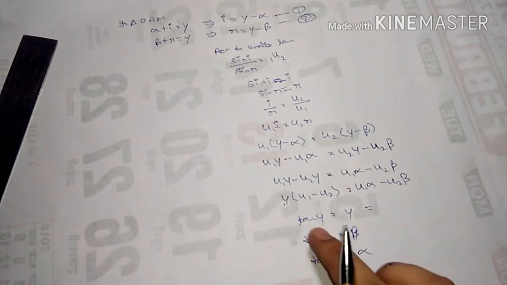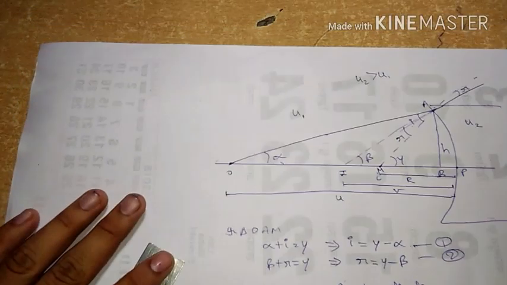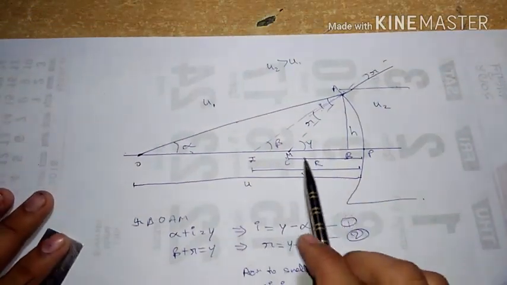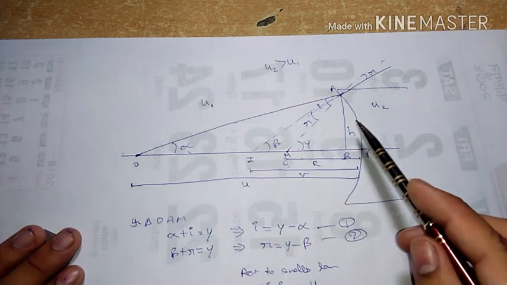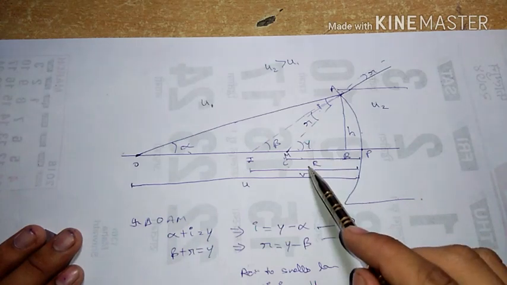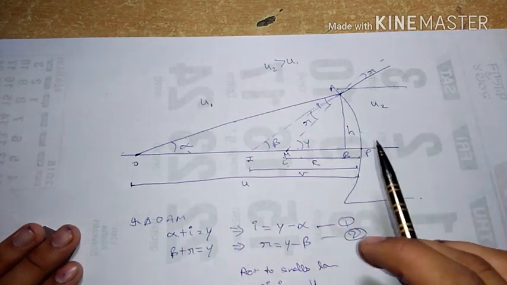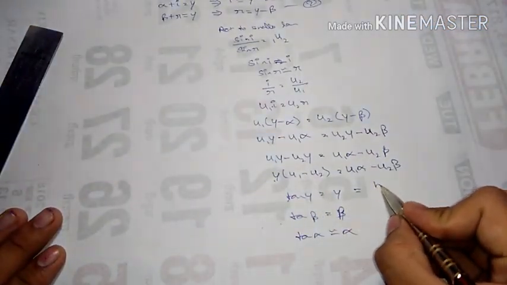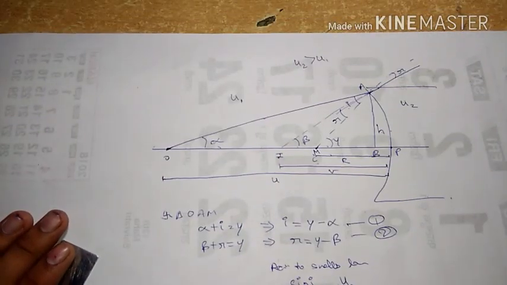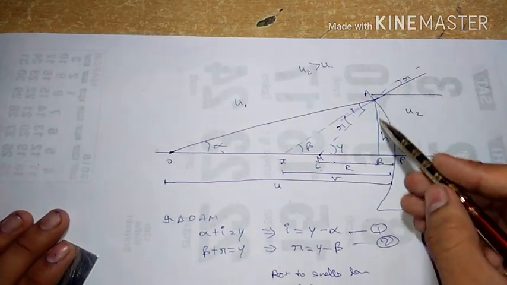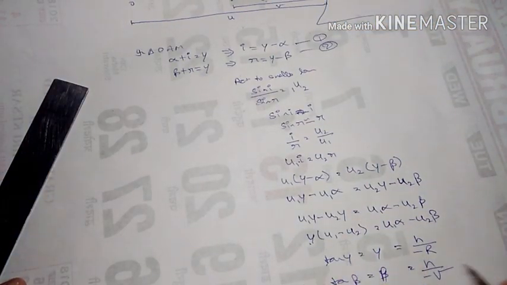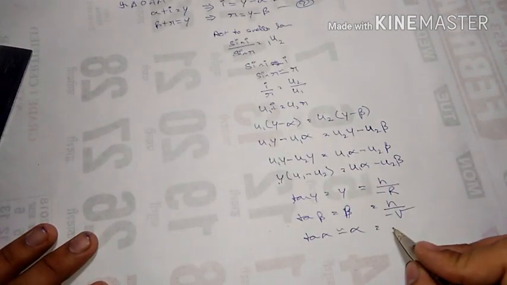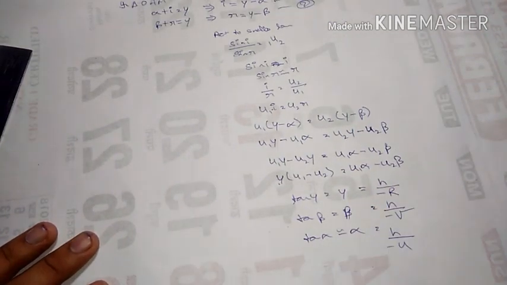Now we just have to put in the values of these angles, gamma, alpha and beta. As we have already considered, the angles are very small, so tan of gamma will be approximately equal to gamma, tan of beta will be approximately equal to beta, and tan of alpha will be approximately equal to alpha. So what is tan gamma? Let us find it from the diagram. We know that tan theta is equal to perpendicular over base.